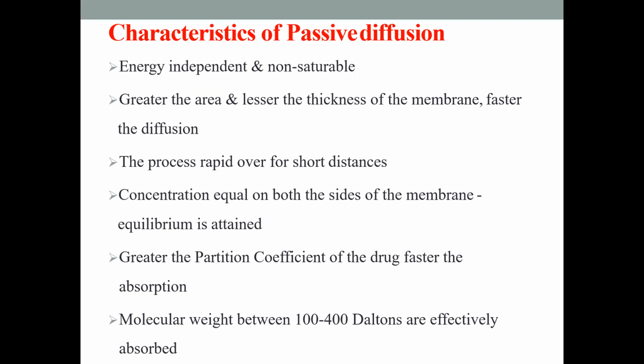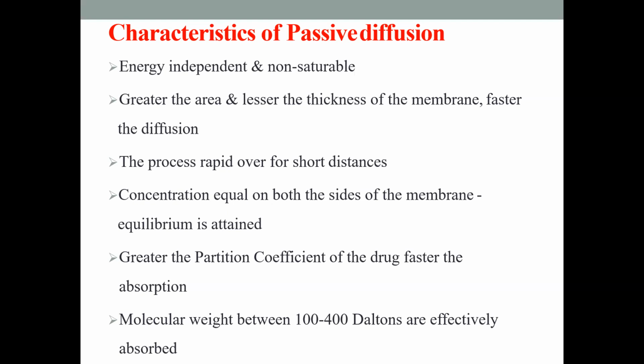The next characteristic is that the process is rapid over a short distance. Mostly the rate of drug transport is directly proportional to the concentration gradient between the gastrointestinal fluid and the blood compartment.